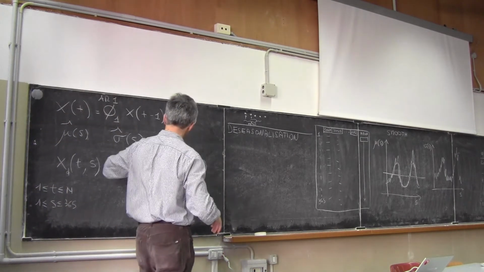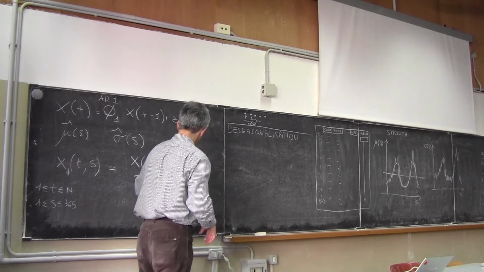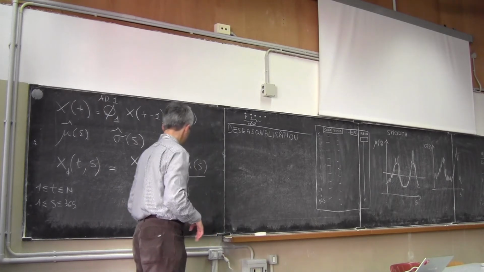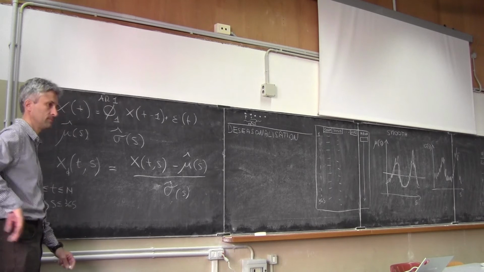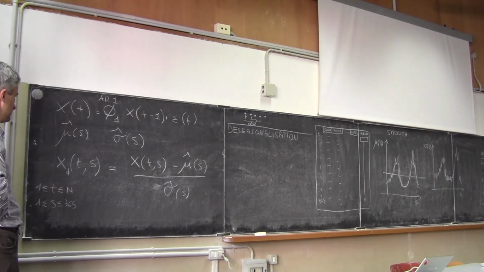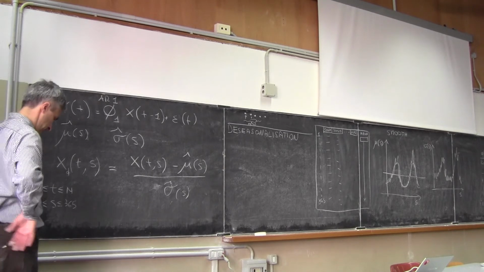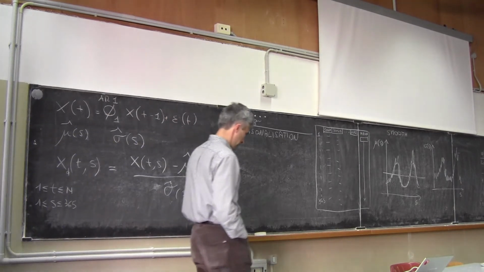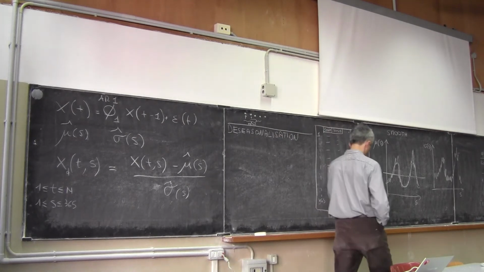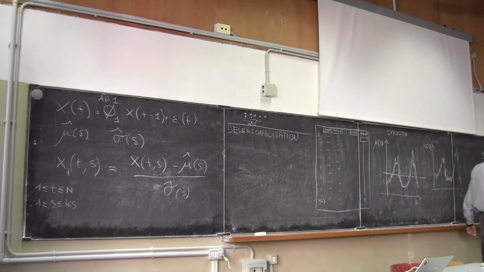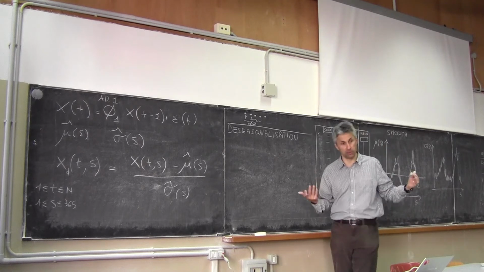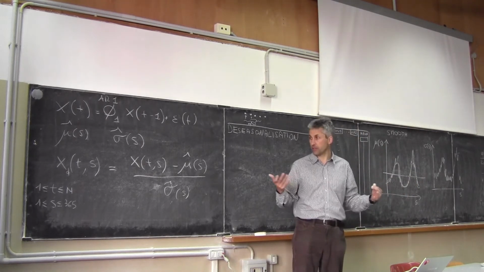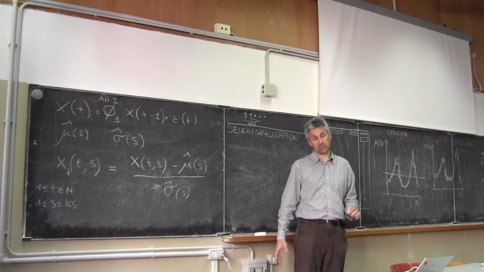And now let me divide by sigma hat s. This is the standardization. So you see, it's a transformation that is very simple. Indeed, very simple.